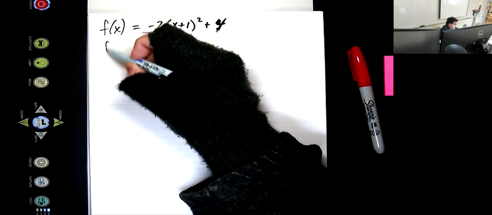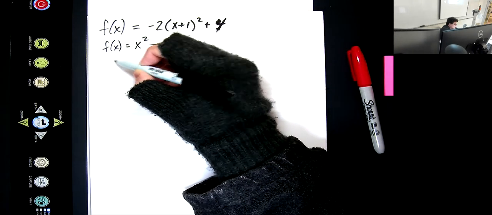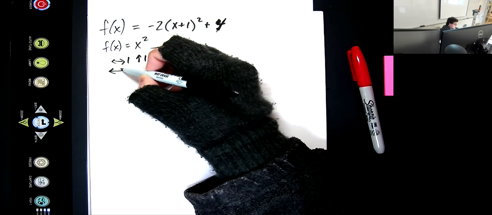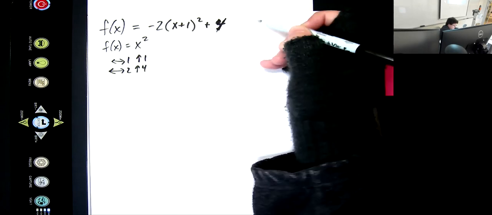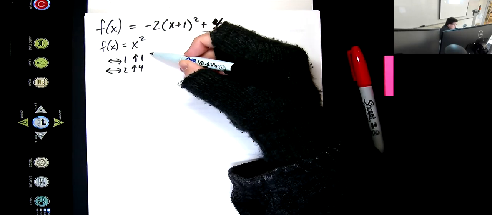All right, so for the base graph of x squared, we go left or right 1, up 1, left or right 2, up 4. This -2 is just a multiplier on that.